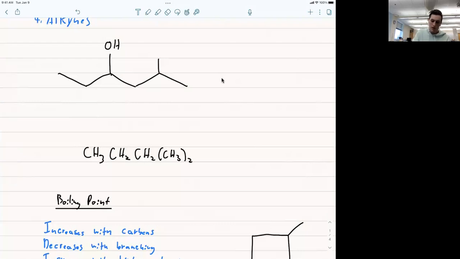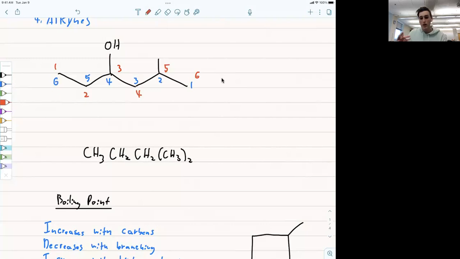If I'm debating on whether to start over here or somewhere over here, I need to know if I go 1, 2, 3, 4, 5, and then 6, or if I say 1, 2, 3, 4, 5, 6, I'm going to hit my alcohol first if I use the red one. So that's what we'll use.